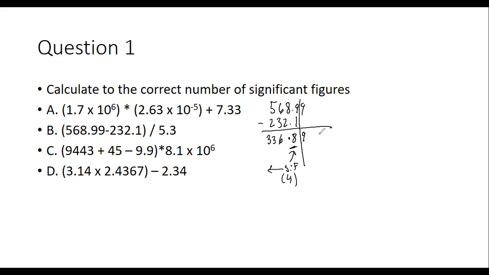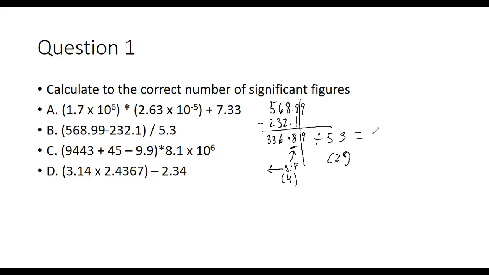Although this is kind of a moot point, because we're going to take this number and divide by 5.3. We're doing a multiplication and division now. We're dividing something that has 4 sig figs by something that has 2 sig figs. So our answer should have only 2 sig figs.